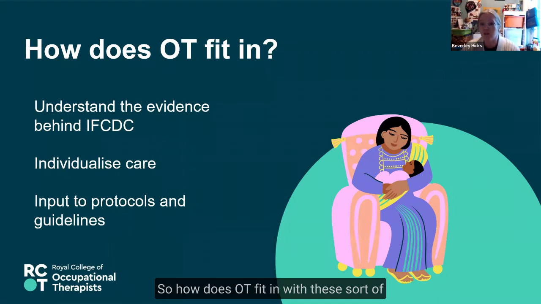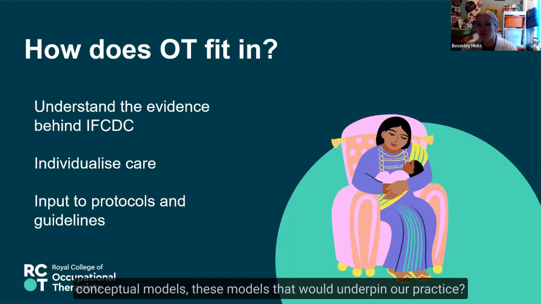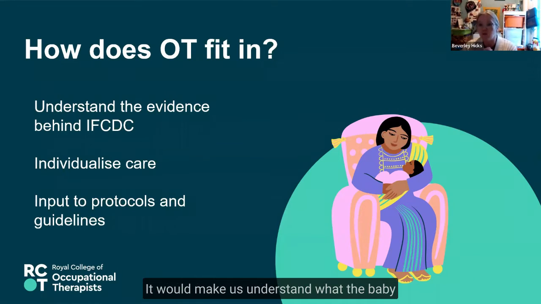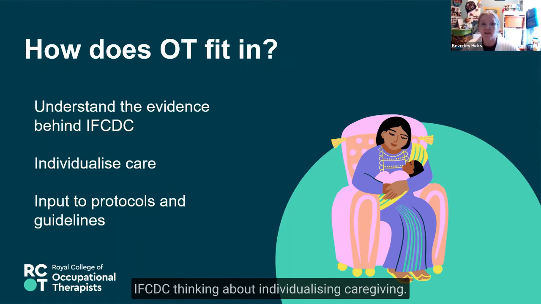So how does OT fit in with these sort of conceptual models, these models that would underpin our practice? It would make us understand what the baby is needing and what the family is needing. So I think very much it's understanding the evidence base behind the IFCDC, thinking about individualizing caregiving.